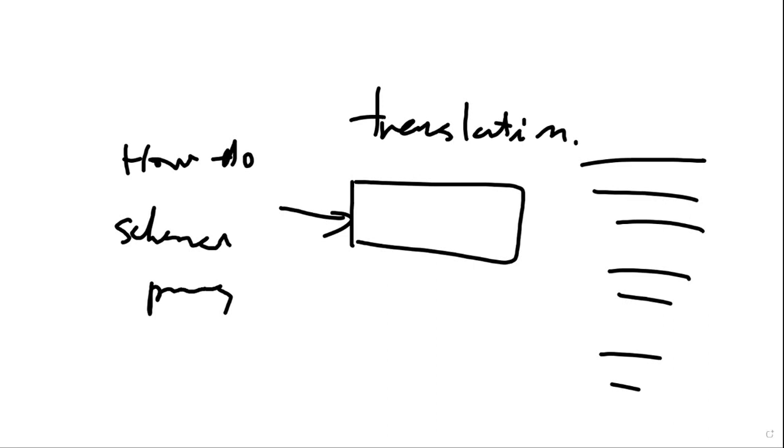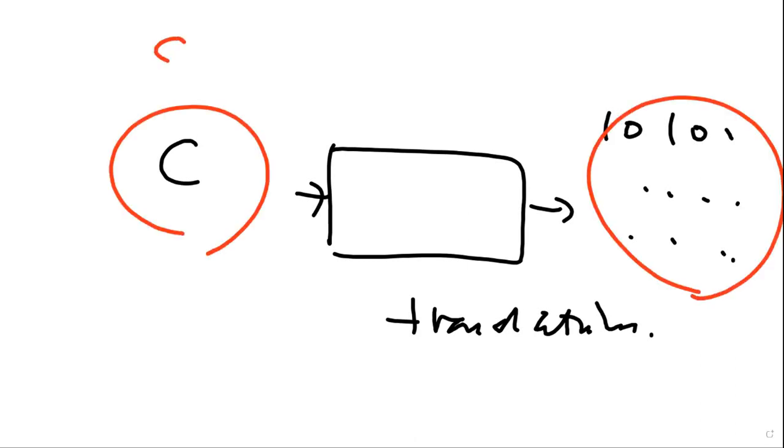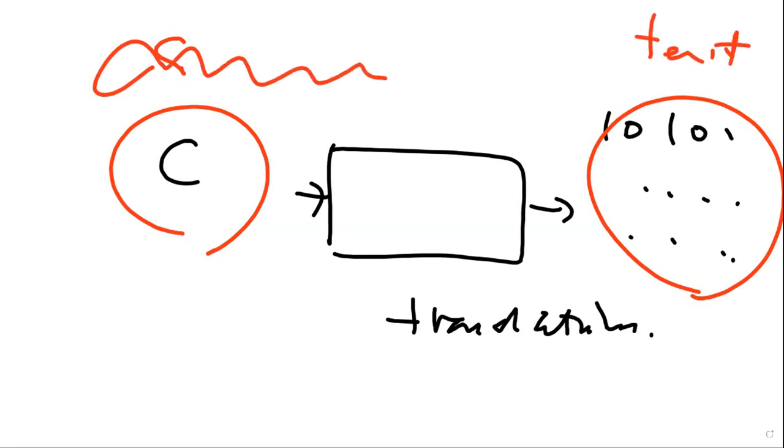We do compiler: from a C language, it comes out as 1010 machine code, which is also translation. So compiler, AI, ChatGPT, they are all translation mechanisms. It's language to language translation. The language may be C, may be machine language, may be a signal, may be text.